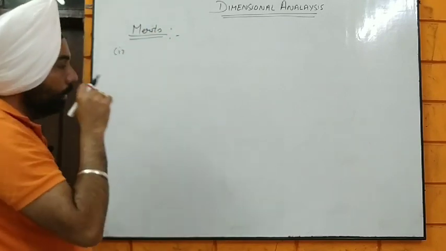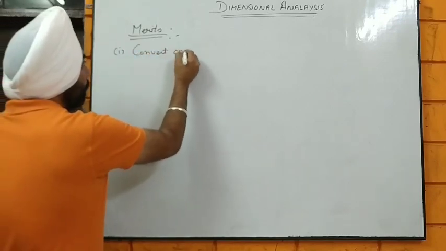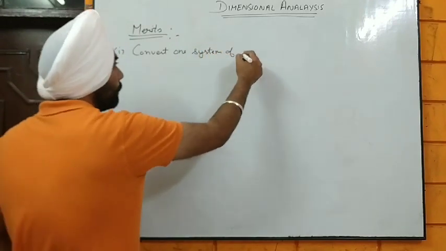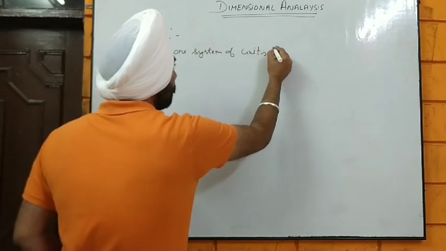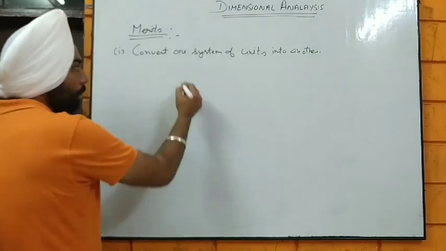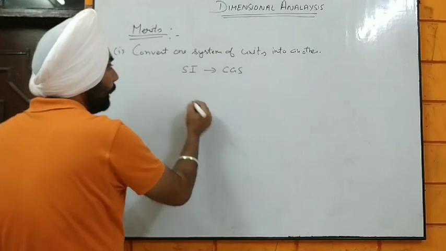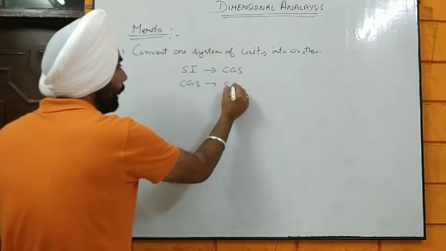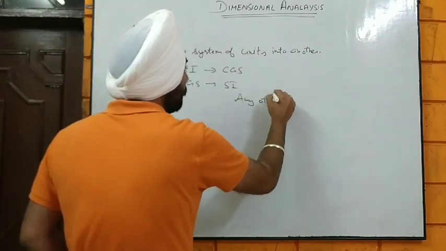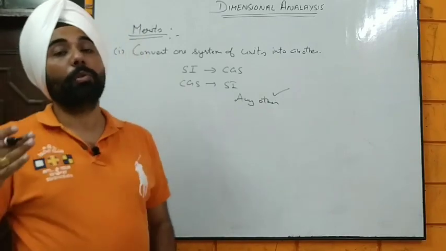The first is that we can convert one system of units into another. This means we can convert SI into CGS or CGS into SI, or any other system of units. We can convert any system of units into any other system of units.